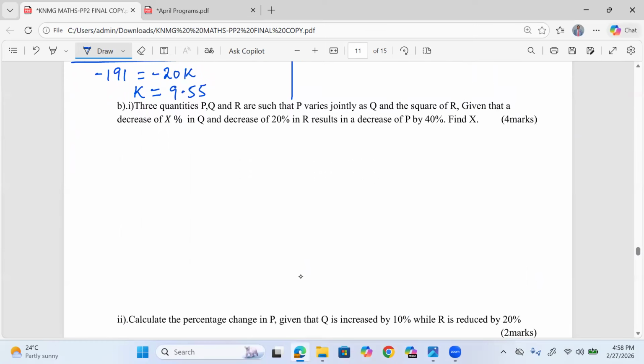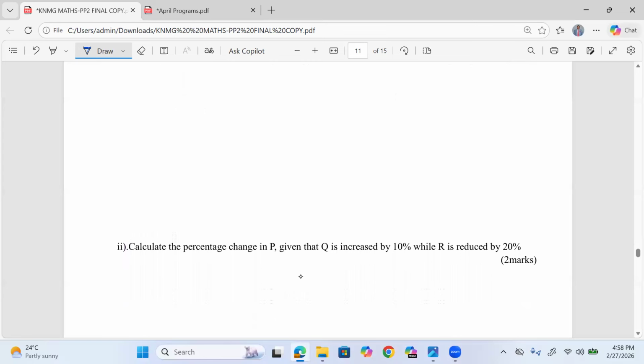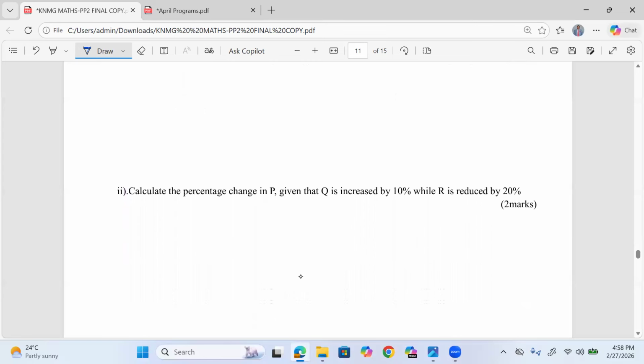Now, three quantities P, Q, and R are such that P varies jointly as Q and the square of R. Given that a decrease of X% in Q and a decrease of 20% in R results in a decrease of P by 40%, find X. All right, find X. Then part B, calculate the percentage change in P, given that Q is increased by 10, R is increased by 20.